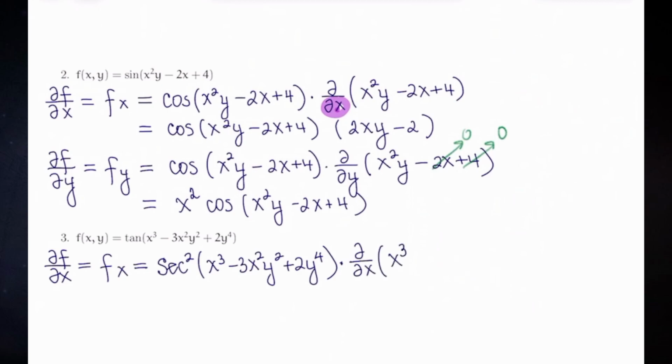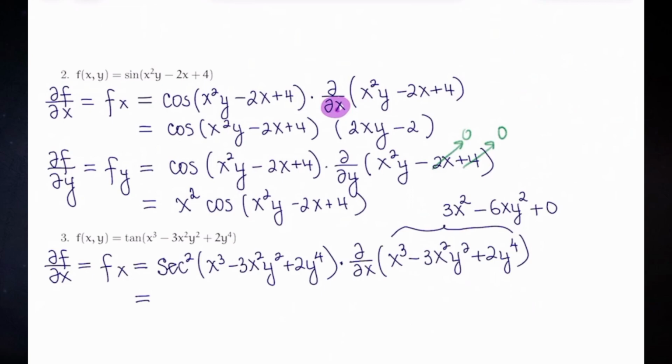X cubed minus 3x squared y squared plus 2y to the fourth. I'm going to write that partial of the argument up front. So over here, what is this going to be? This is going to be 3x squared. Now y is the constant, x is the variable, so this becomes negative 6x y squared, and then this term is 0.